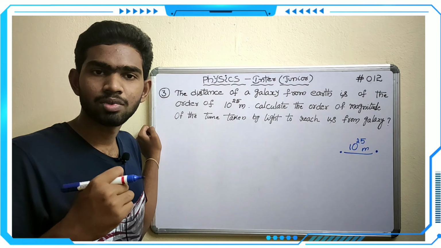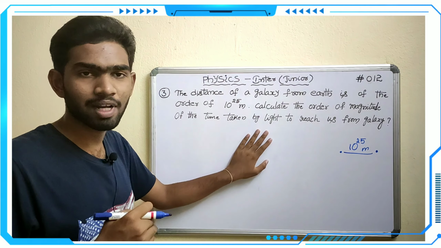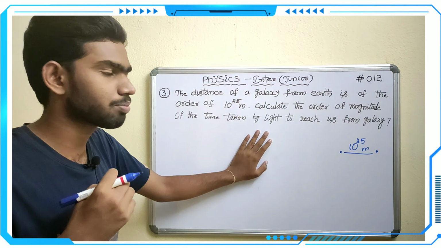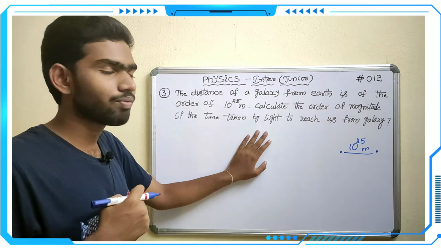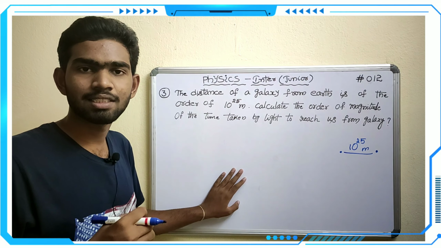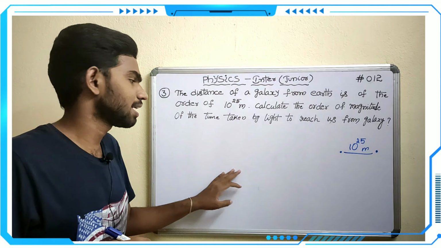We can note that the speed of light is 3 into 10 power 8 meter per second. A very simple value which we can remember from smaller classes to bigger classes.